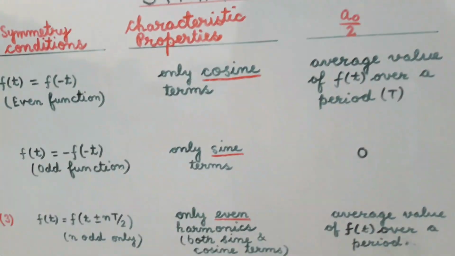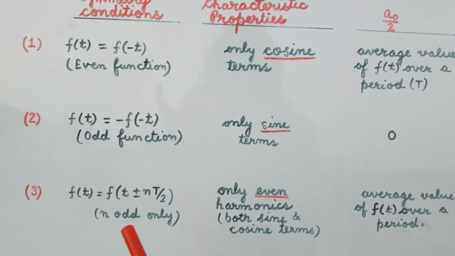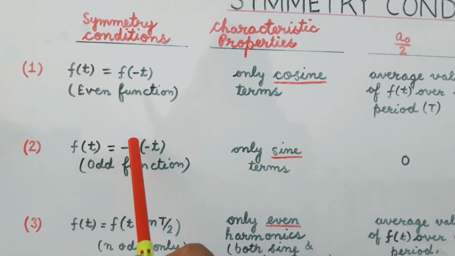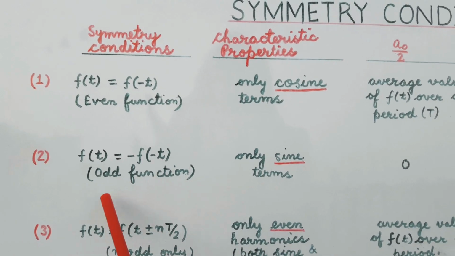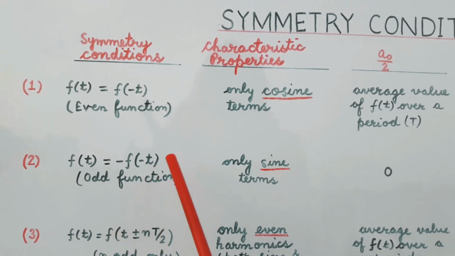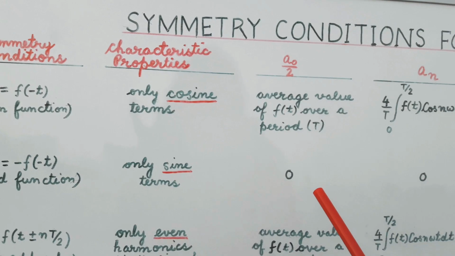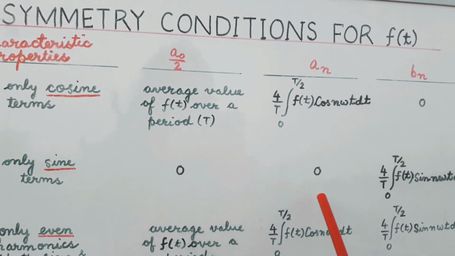The second condition for symmetry of a periodic function is if f(t) is equal to -f(-t), then in that case the function will be an odd function, and an odd function will contain only sine terms. This means that the value of the Fourier coefficients a0 by 2 and an will be equal to 0.